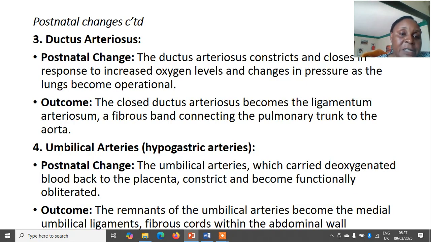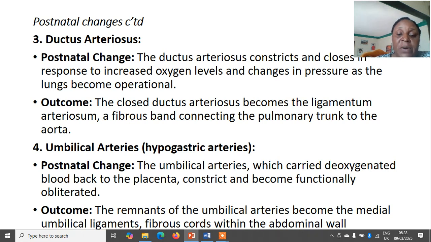Then the ductus arteriosus constricts and closes in response to oxygen levels and changes in pressure as the lungs become operational. So what is the outcome? The ductus arteriosus will be called the ligamentum arteriosum.